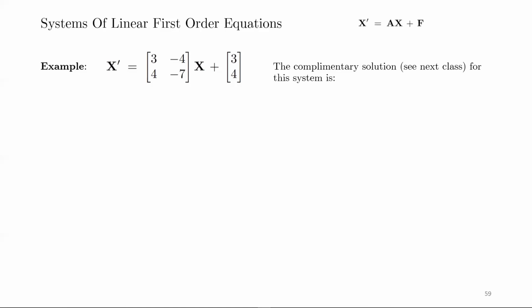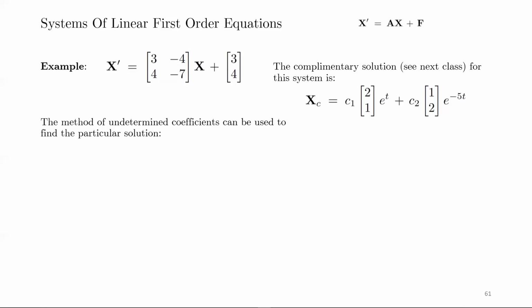So again, in a previous slide, we said that the complementary solution to the associated homogeneous equation is given like so: C1 times the solution x1 plus C2 times the solution x2. We're going to learn in the next class how we can find that complementary solution.